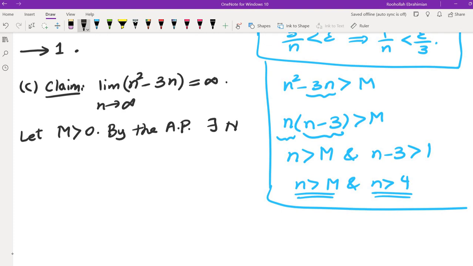there is some natural number N such that N is larger than the maximum of these two, M and 4.